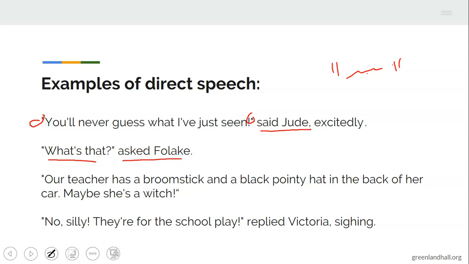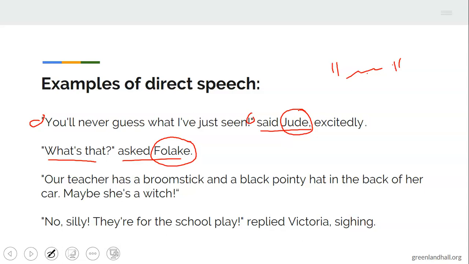Now, these are the original speakers. I'm going to note them with a circle across. It was Jude that said it. Nobody reported the sentence. It was what he said. In this case, it was Folake that said, what's that? It's a direct speech. And remember also, it's in quotes or inverted commas.